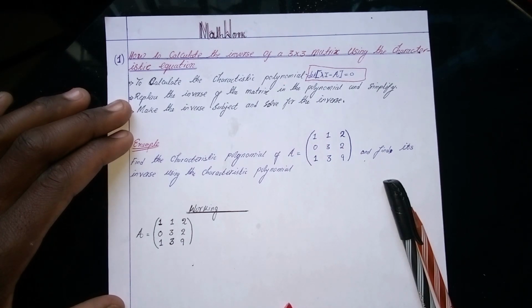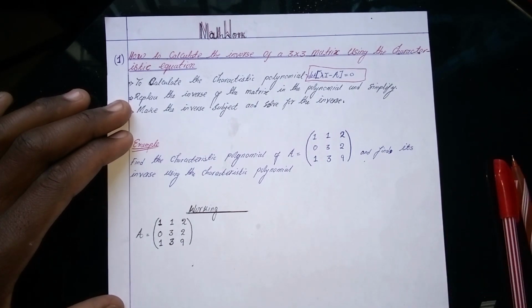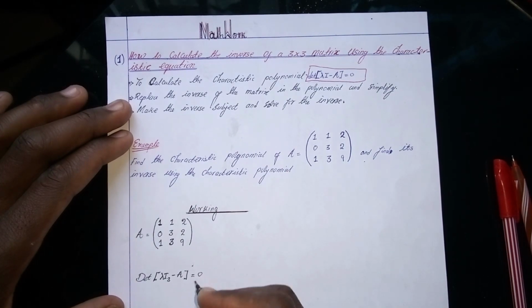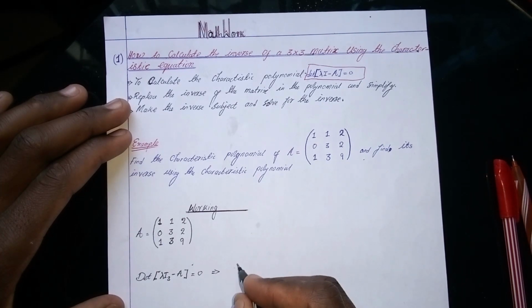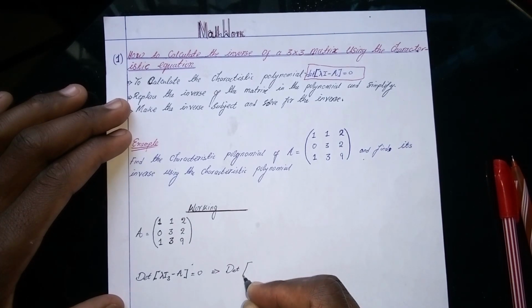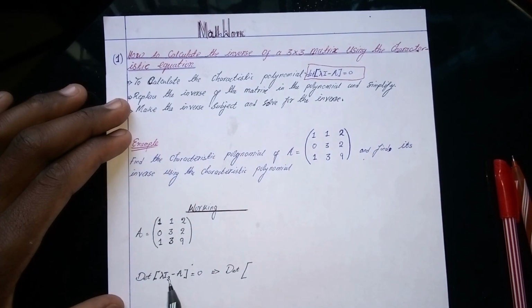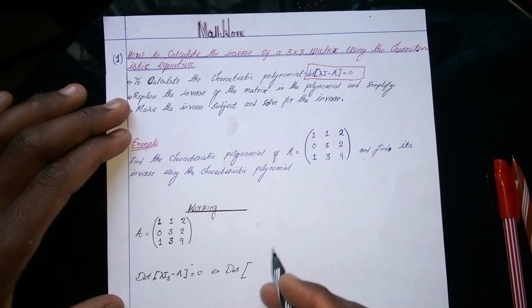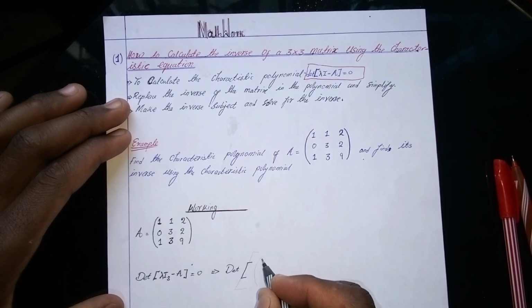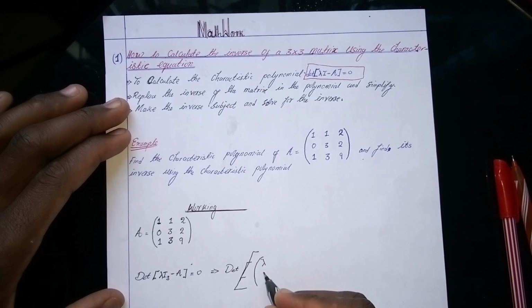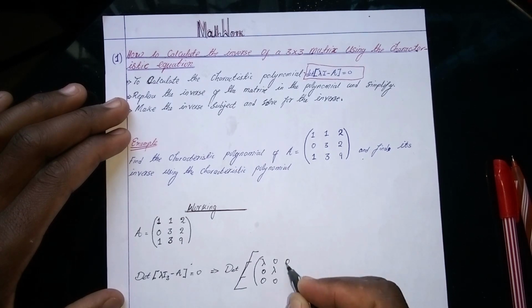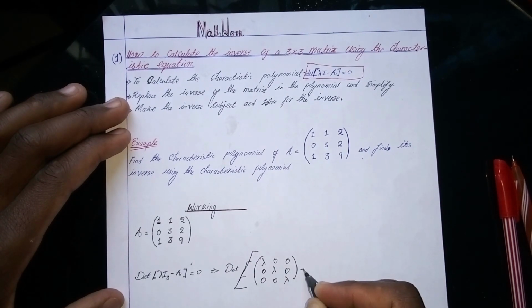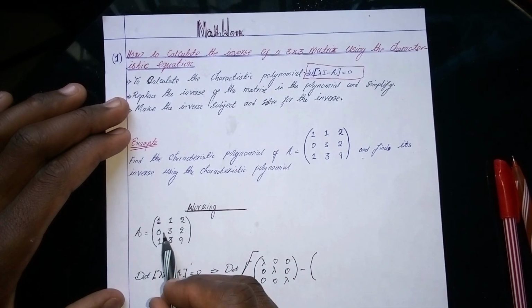So in this case, we should get 0. So it will imply that the determinant of lambda multiplied by the identity matrix will get lambda 0, 0, 0, lambda 0, 0, 0, lambda, minus the matrix A, which is this one.